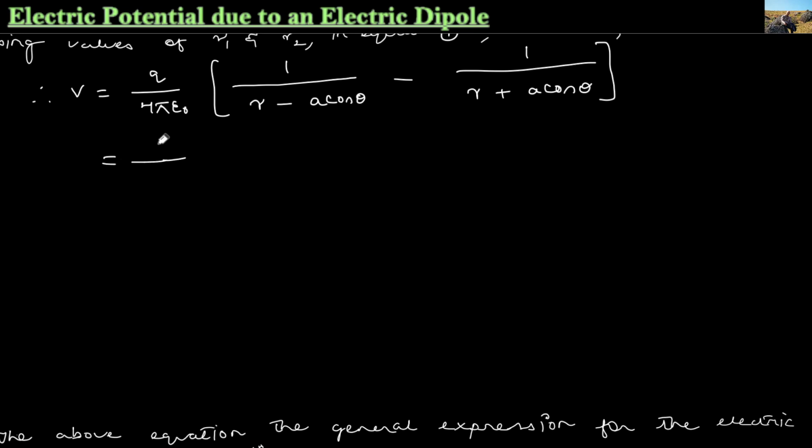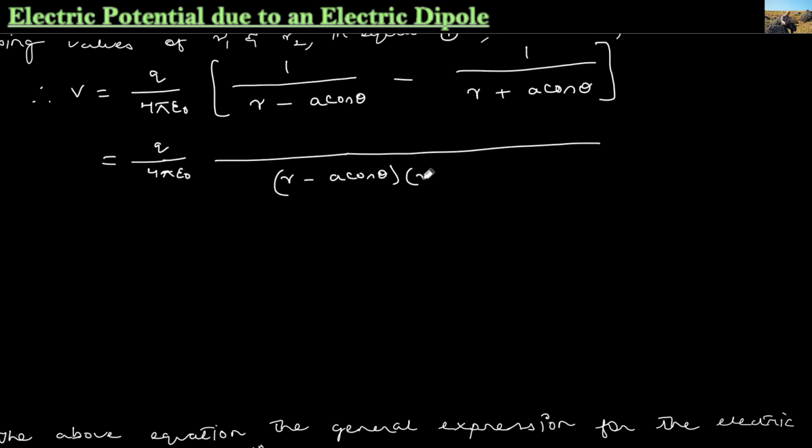We'll try to solve this expression and find the result. This will be q divided by 4 pi epsilon naught. Then over here we have to find the LCM. The LCM will be r minus a cos theta times r plus a cos theta.